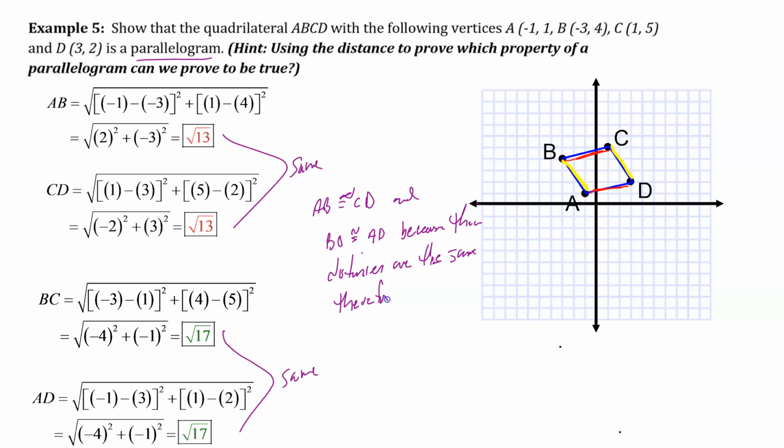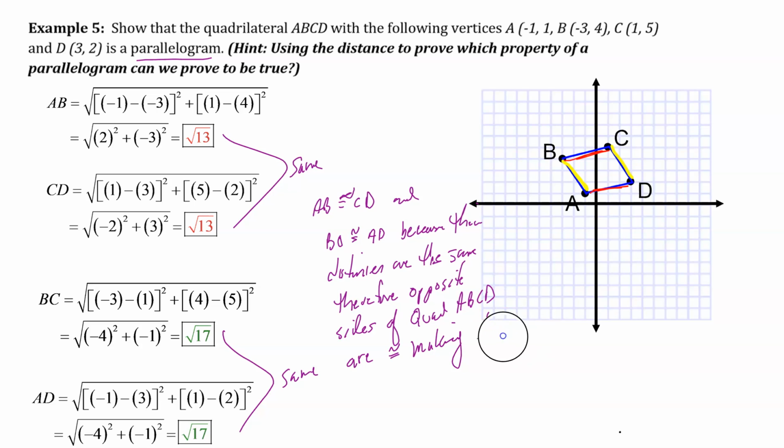Therefore, opposite sides of quadrilateral ABCD are congruent, making it a parallelogram.